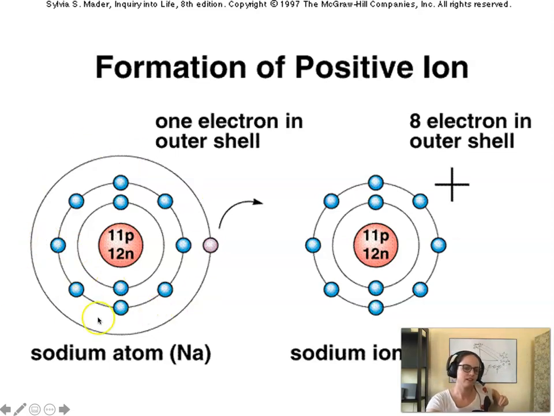There's only one electron in this valence shell. We want a valence shell with 8 electrons in it, so this one being right here is really unstable, and it really wants to leave. Then we can have an empty shell here and a valence shell with 8, and that's really happy.